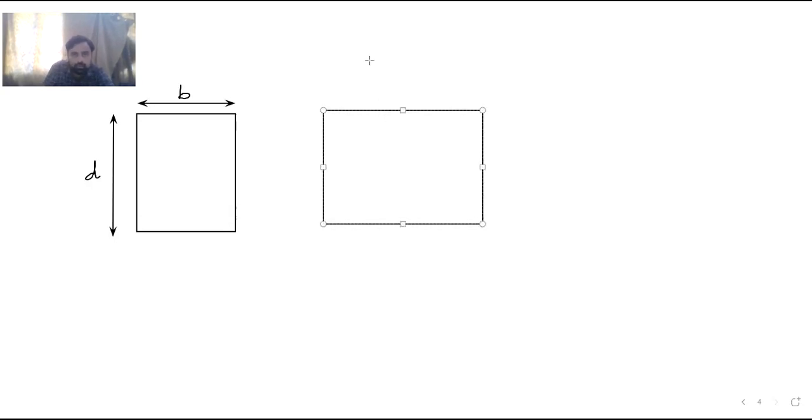I'm drawing only the portion of the end block, not the total beam. Whatever the depth of the beam, the same distance I have taken for the end block.